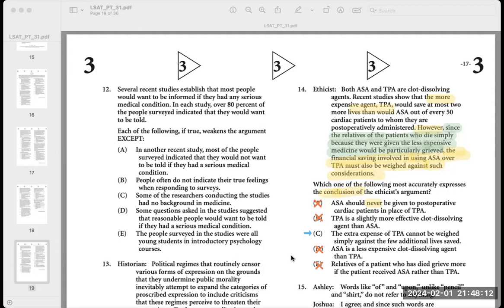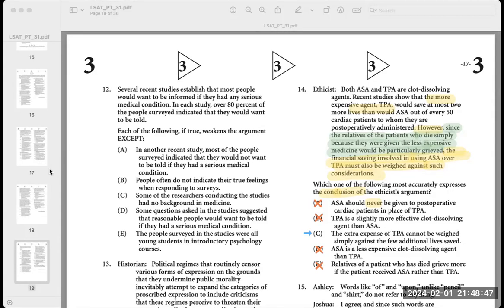So it's not necessarily all of the ones who were given ASA, but just the ones where the difference between ASA and TPA would have made all the difference and ultimately saved their life. So it's a little more complex than that. But I think C is the only one that really deals with this idea of weighing the considerations. Even though it's oddly worded, I can confidently eliminate everything else. So I would go with C.